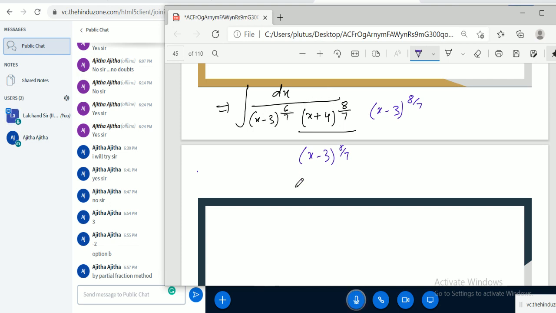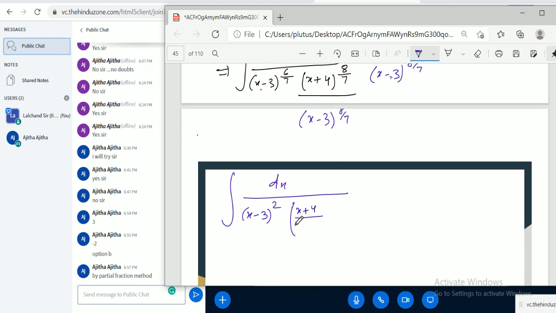Now clubbing these two terms, we have finally (x minus 3) square. So by clubbing these two terms and these two factors, we can write (x plus 4) divided by (x minus 3) whole power 8 by 7. Okay, so are you getting how we rearrange this? Are you following up to this, how we rearrange this term?